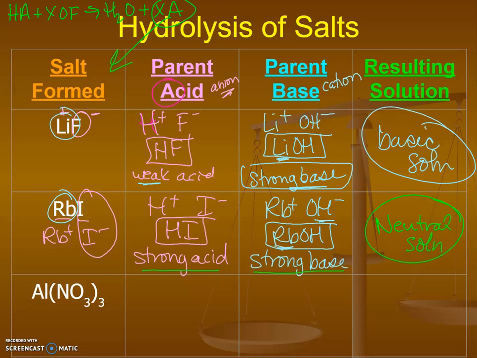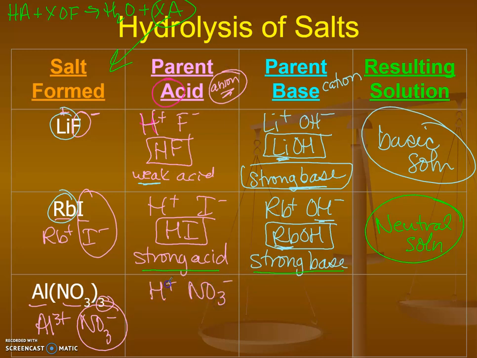Lastly, what about aluminum nitrate? If aluminum nitrate is formed, remember, aluminum is a 3 plus, nitrate is NO3 minus. My anion is the acid, so that is NO3 minus, and H plus makes it an acid, that is HNO3.